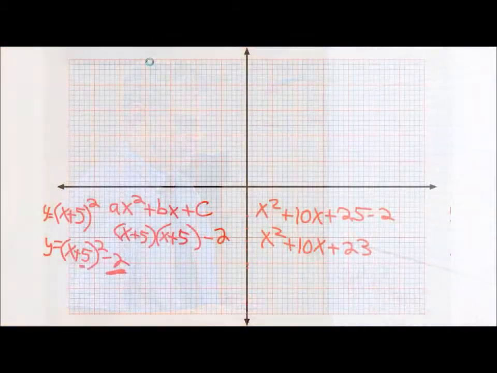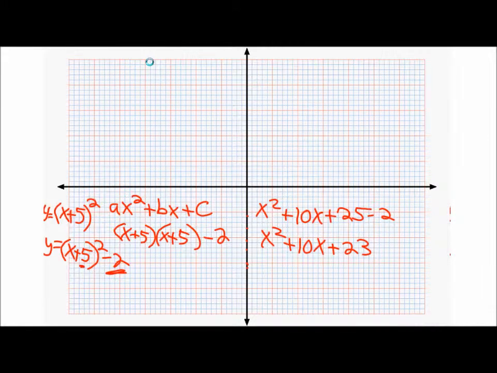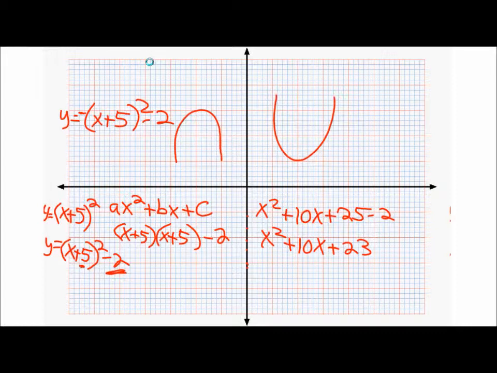So our parabola would be somewhere down here in this third quadrant. Another thing to recognize is that if there's a minus sign in front of one of these equations, let's say the equation is y equals x plus 5 squared, we'll use the same one there, minus 2. If there's a minus sign out here in front of that, instead of the parabola being shaped like this, it'll open up downward instead of opening up upward.